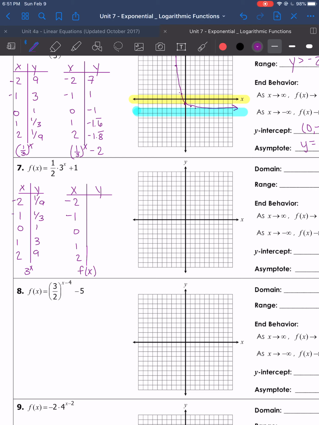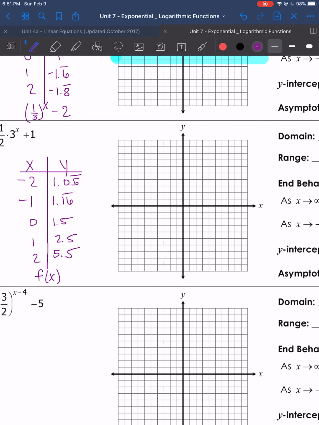So it's going to be 1.05 repeating, 1.16 repeating, 1.5, 2.5, and 5.5. And decimals are okay in this one because it's easier to graph if they're decimals.